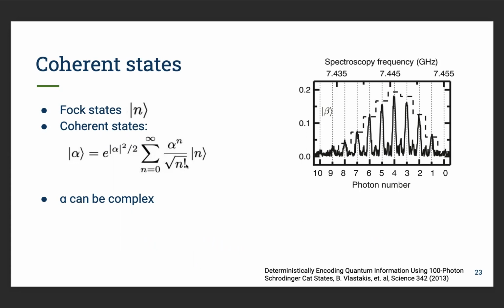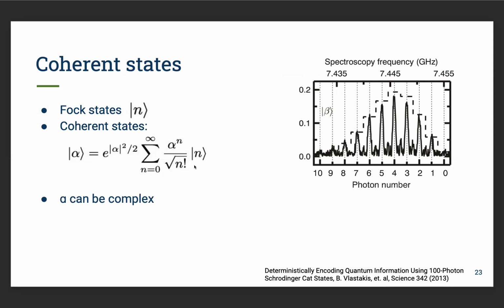This is analogous to a classical state. It's characterized by alpha, and the amplitude of alpha has to do with the mean number of photons in your cavity. And because alpha can be complex, the phase of alpha has to do with the phase of the photons in your cavity.